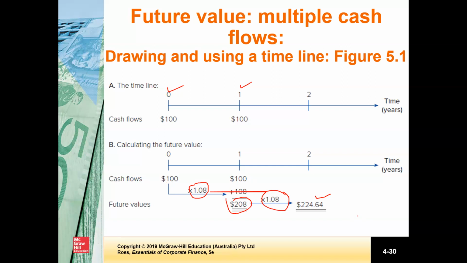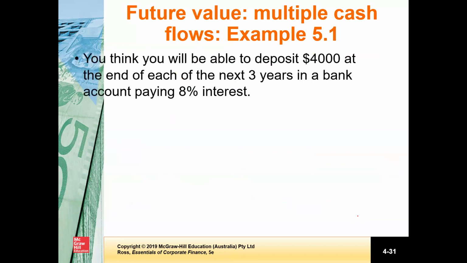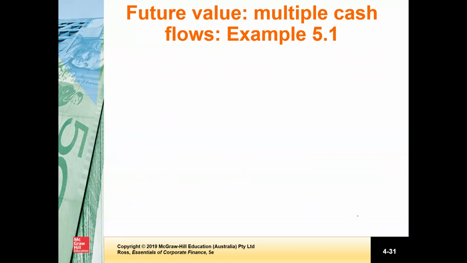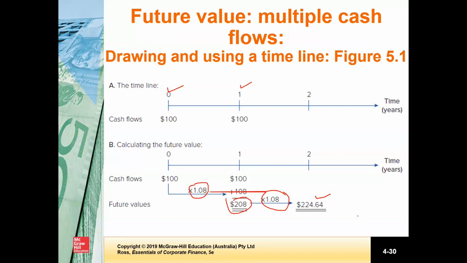The first deposit, that is $100, is kept in the deposit for 2 years at a rate of 8%. So it could be easily done as 100 into 1.08 power 2.